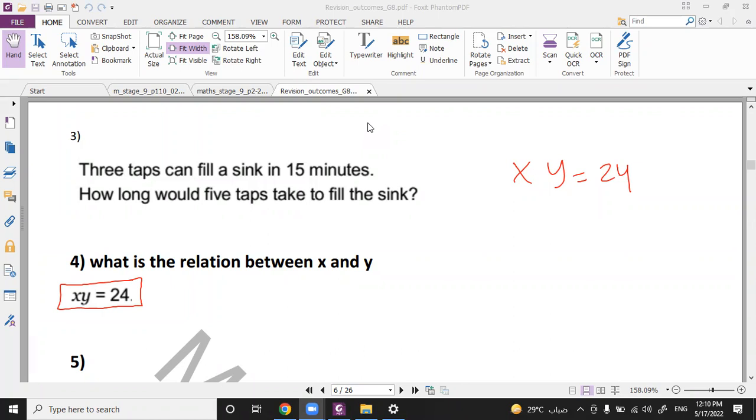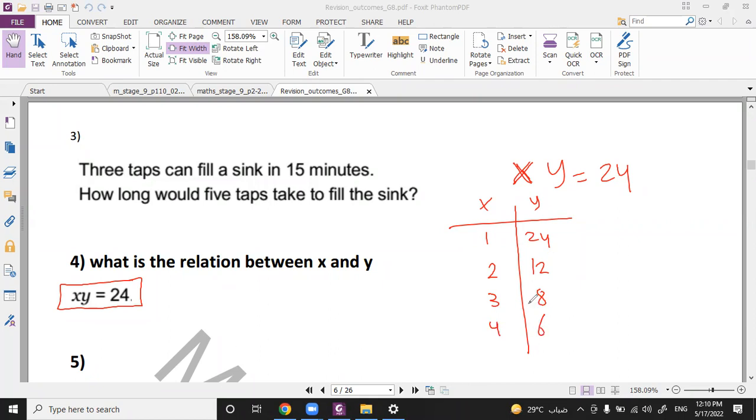So we have Ilaria, Andre, Sama. Sama, okay. Direct, so they are increasing together. If X is 1, then Y is 24. If X increases to 2, Y will be 12. X is 3, so Y is 8. X is 4, so Y is 6.